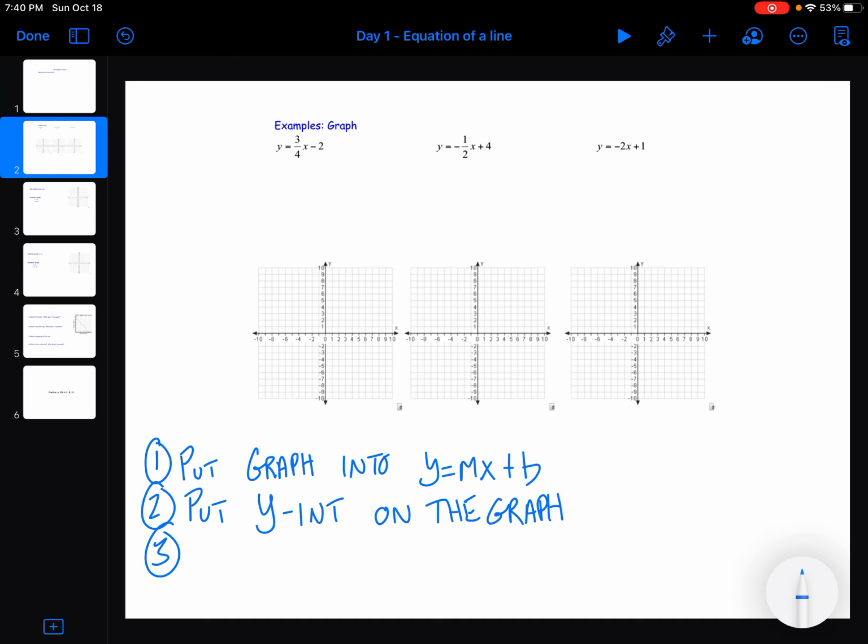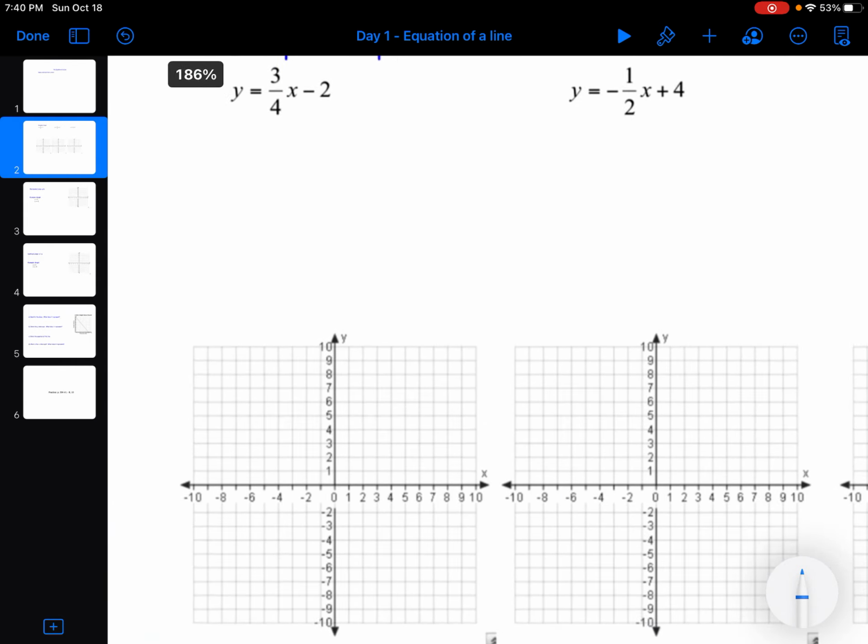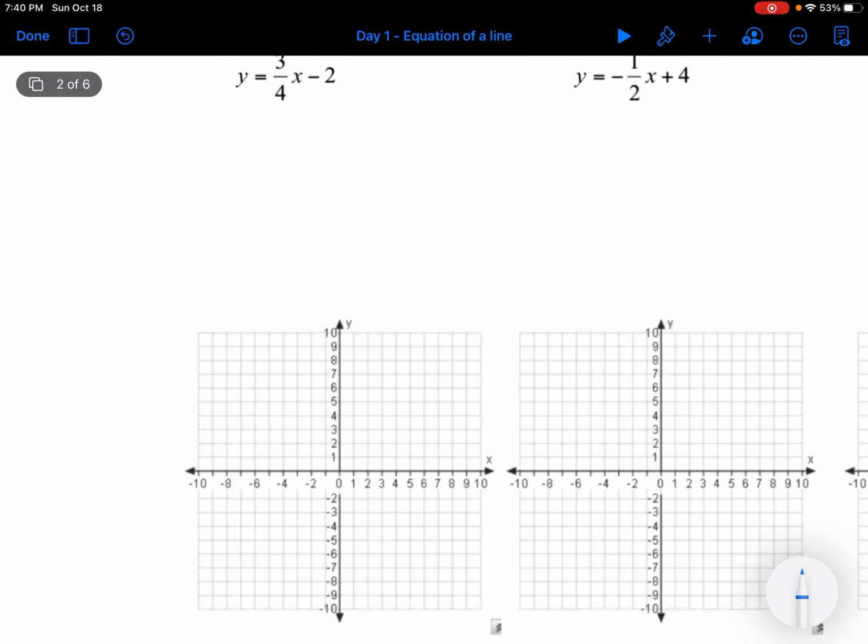And then we're going to use the slope to find two more points. So we should always be graphing at least 3 points. There are some instances you can't, but we always should try.